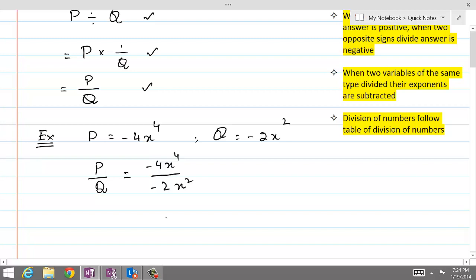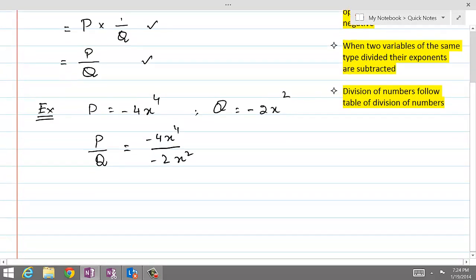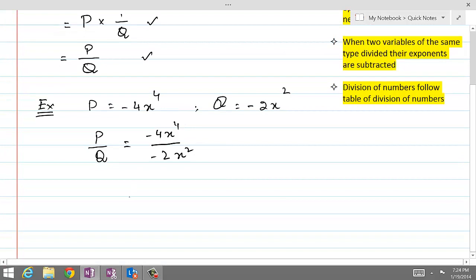Remember, in division of polynomials, especially in monomials, we are basically dividing sign by sign, number by number, and variable with variable. So negative divided by negative, the answer is always positive. We don't have to write it, but if we do write it, that's okay as well.